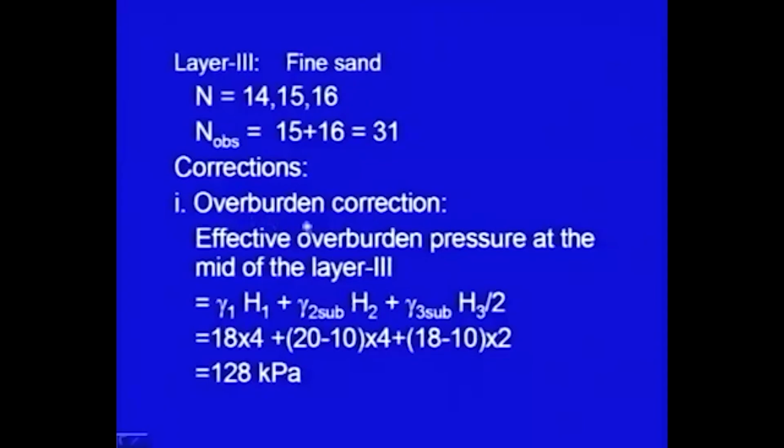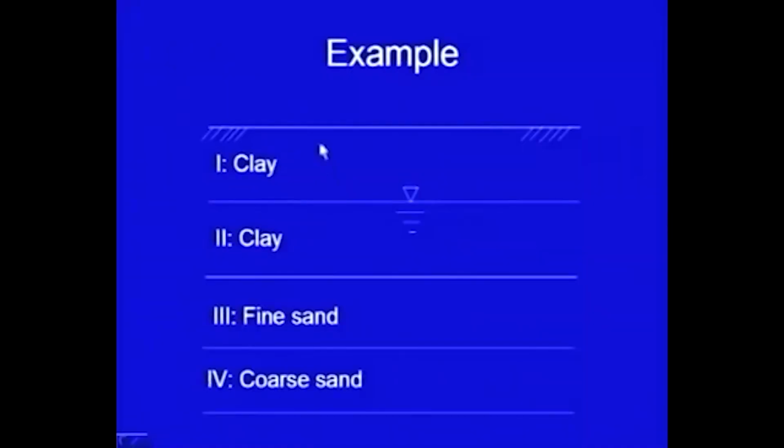To apply the overburden correction, first we calculate the effective overburden pressure at the particular depth where we are doing the analysis. In this case, the effective overburden pressure at the mid of the third layer has to be calculated, and this will be equal to gamma 1 H1 for this, gamma 2 into H2 for this.